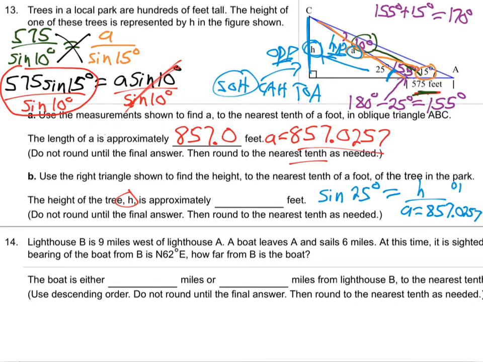That's opposite over hypotenuse. Okay, let's solve for H. Put this over 1, diagonal, diagonal. So 857.0257 sine 25 degrees.